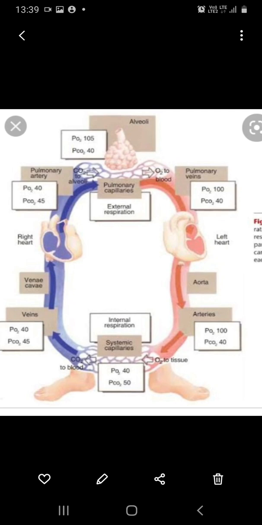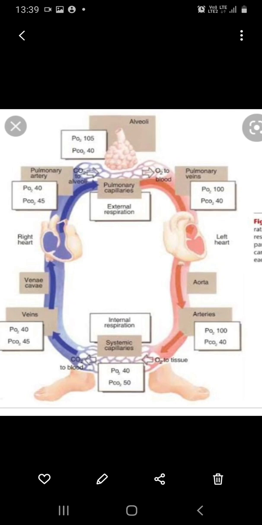The partial pressure of any gas is calculated by a formula. Capital P is equal to P atmospheric, that is the pressure of the atmosphere, into the percent content in the mixture.